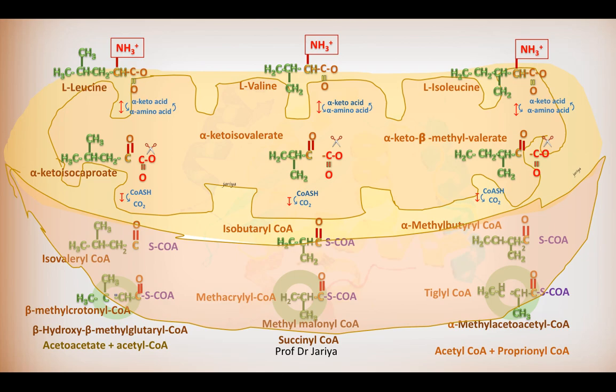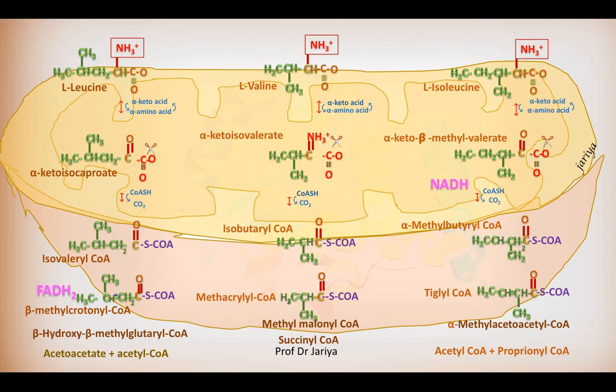Propionyl CoA can be converted to succinyl CoA. During these degradative reactions, NADH and FADH2 are generated for energy production. One NADH is produced during the oxidative decarboxylation of each of the branch chain amino acids.